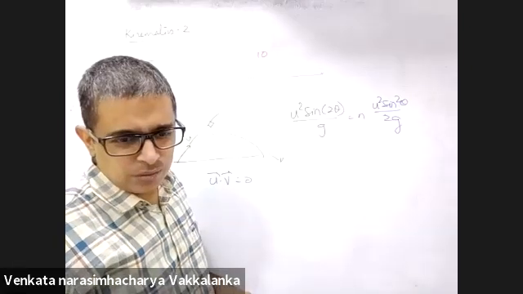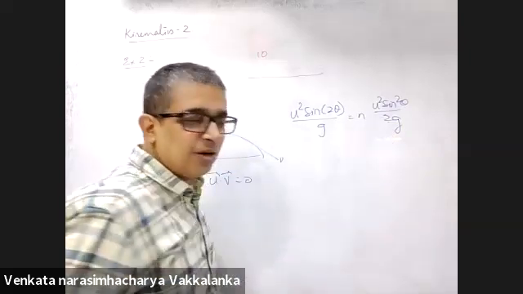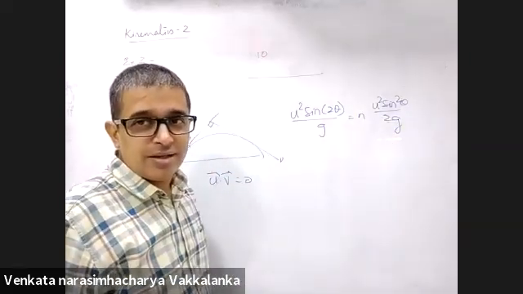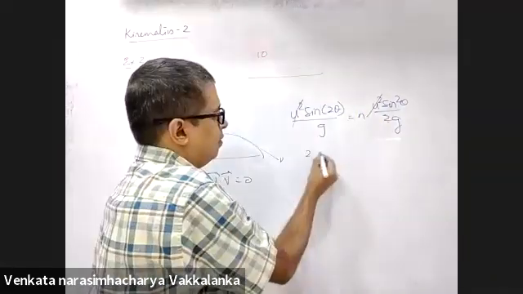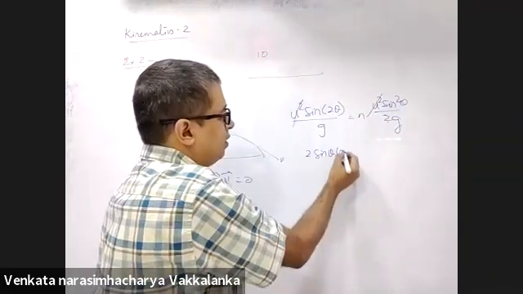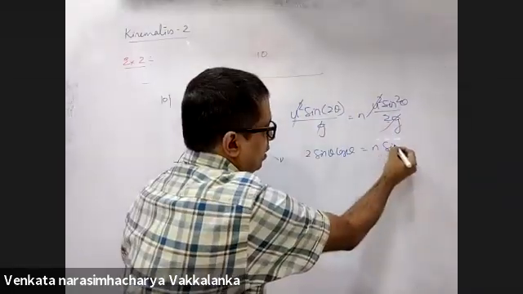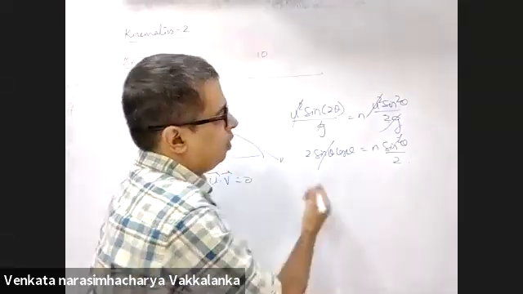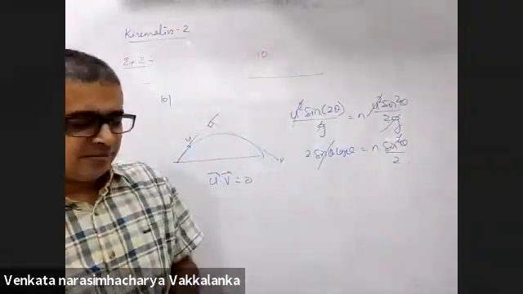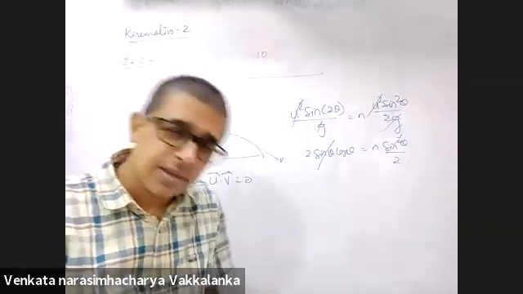Yes or no? Yes, sir. You must have taken g here instead of 2g. 2g लिया है आपने? हाँ सर वही किया. 2 sin theta cos theta will be equal to n times sin square theta by 2.